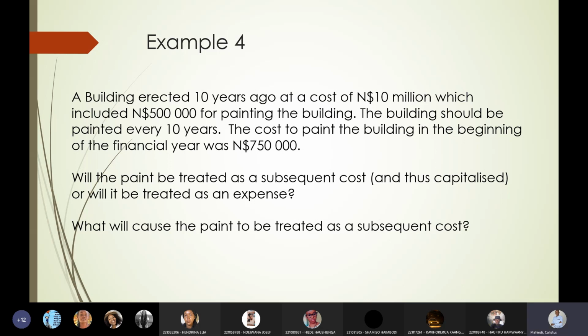Question: will the paint be treated as a subsequent cost and thus capitalized, or will it be treated as an expense? That's the first question. And the second question is, what will cause the paint to be treated as a subsequent cost? So this is for discussion that we need to discuss now.